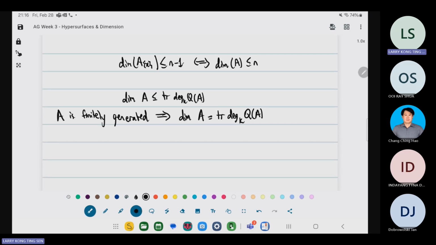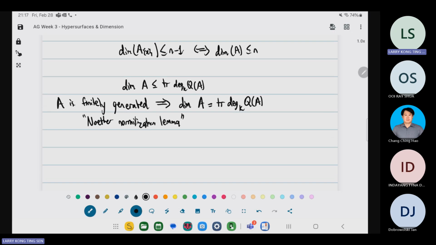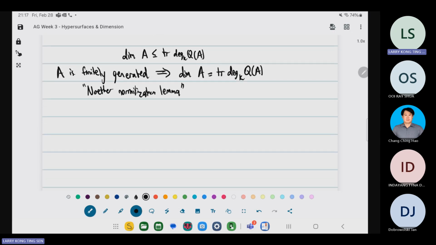For this, I will not really be going through the proof, but it basically uses Noether's normalization lemma. So for those interested, you can try to search it up and prove it yourself.